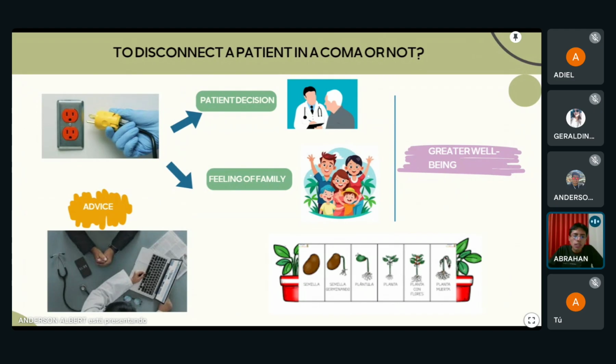Personally, I believe it is essential that the patient's prior wishes, if they were expressed, be respected. We all have the right to decide what we want at the end of our life, and that includes the option of refusing to live connected to a machine if there is no hope of recovery.